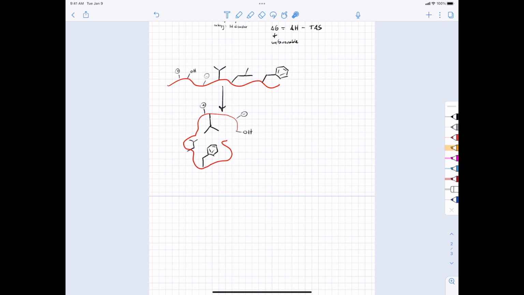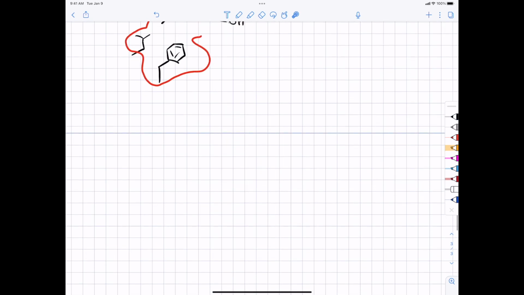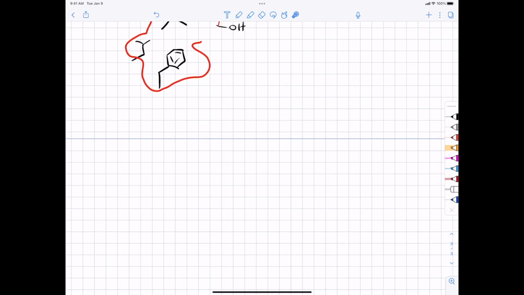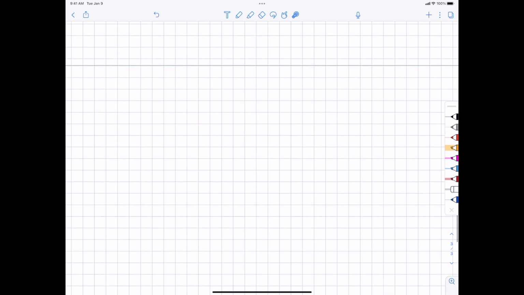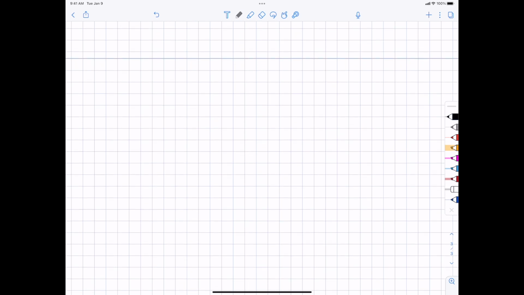Okay, now the concept of van der Waals interactions is important for soap, and it's important for understanding lipid bilayers and oils. So let me give you an interesting situation.